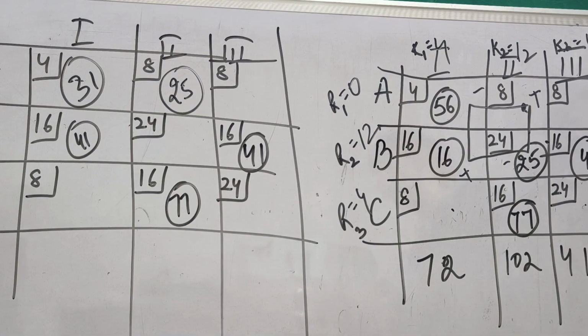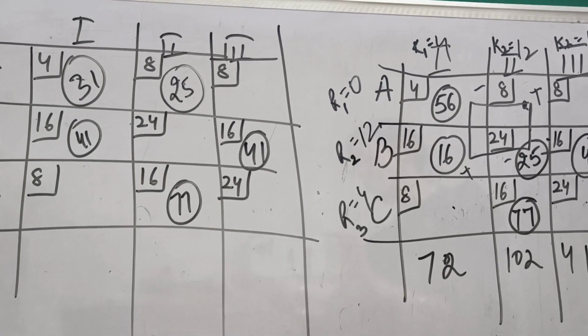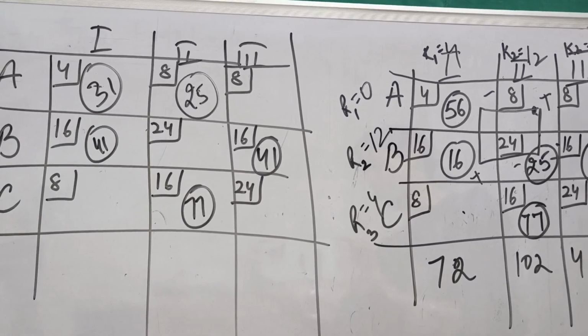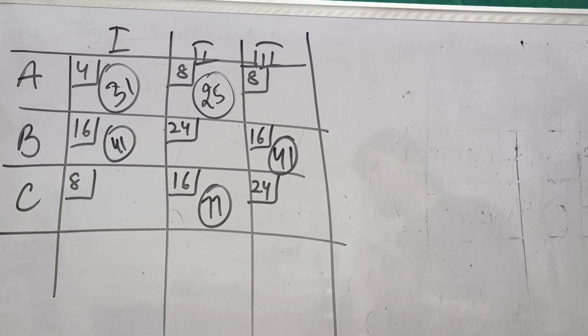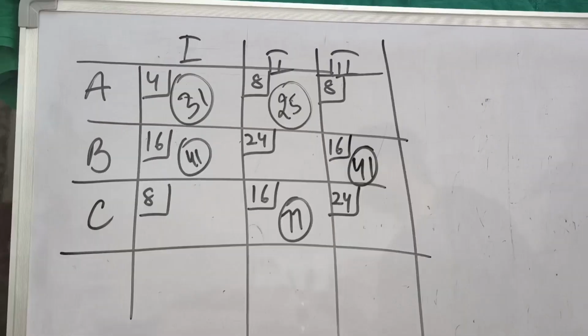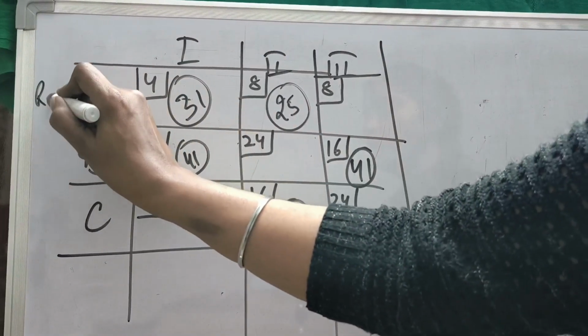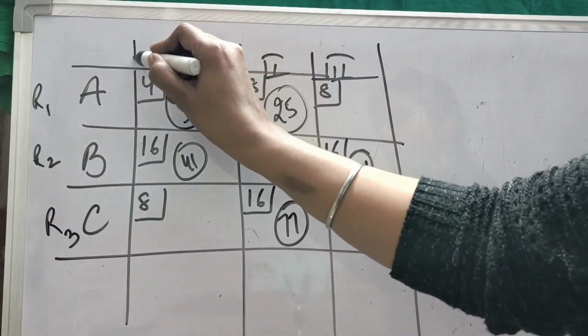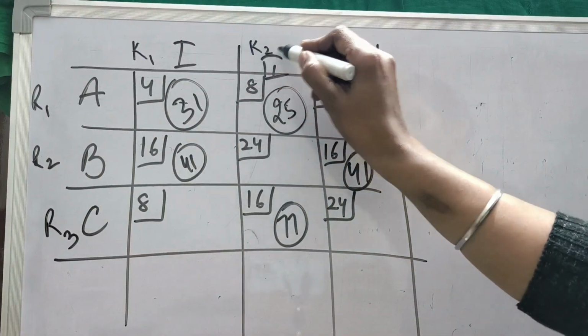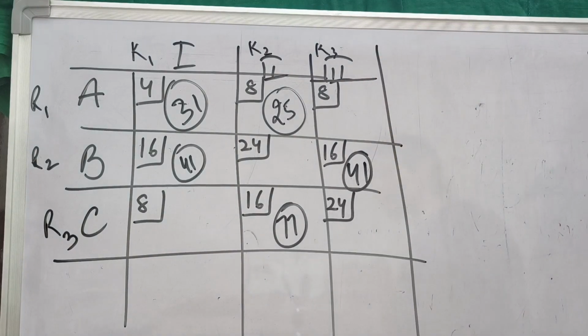So now this is a new table that has been designed. With the help of this table now, we will proceed further. So now again, we have to start with R1, R2, same. So here I am writing R1, R2, R3. Above it will be K1, K2 and K3.